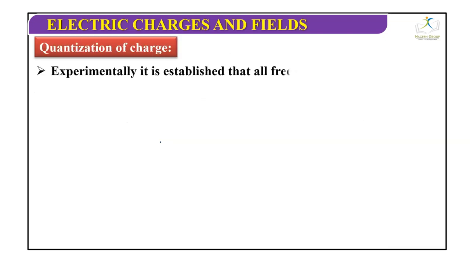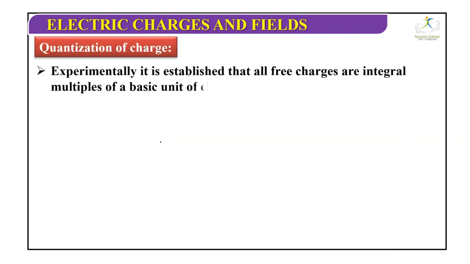Next is the quantization of charges. Experimentally, it is established that all free charges are integral multiples of the basic charge denoted by e. What does it mean? Say we have a conductor with some charges and we want to transfer this charge from one body to another.